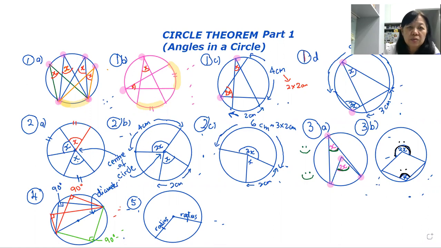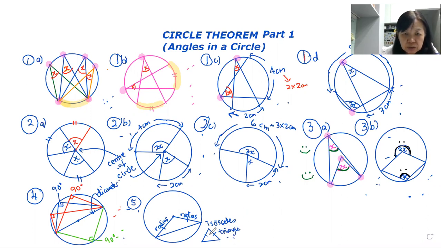So you have these two lines the same. And if I draw one more line here, connecting these two radii, what do I get? If you have a triangle with two sides the same, we call it an isosceles triangle.